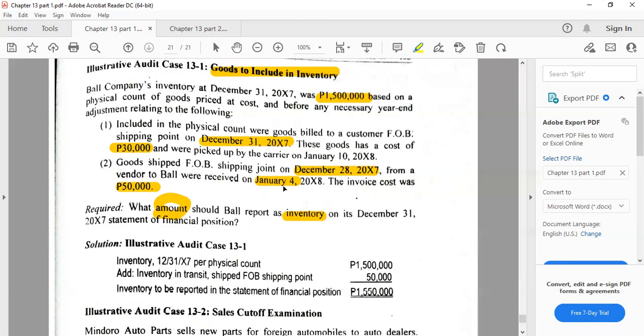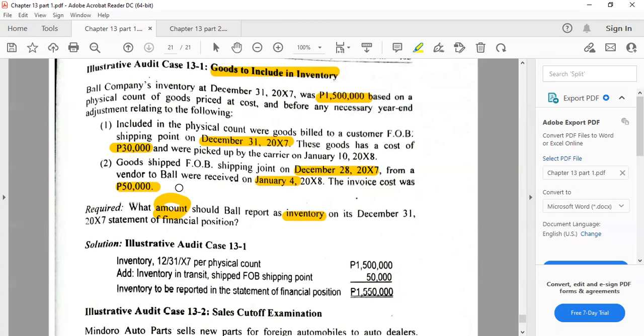So the 50,000 is not yet included in the 1,500,000. But although it was received on January 4, the next year, it was shipped FOB shipping point on December 28. So again, we go back to our rule that ownership passes to the buyer upon shipment if the shipping term is FOB shipping point. So this time the buyer is Ball, so Ball already owns these inventories worth 50,000 as of December 31.